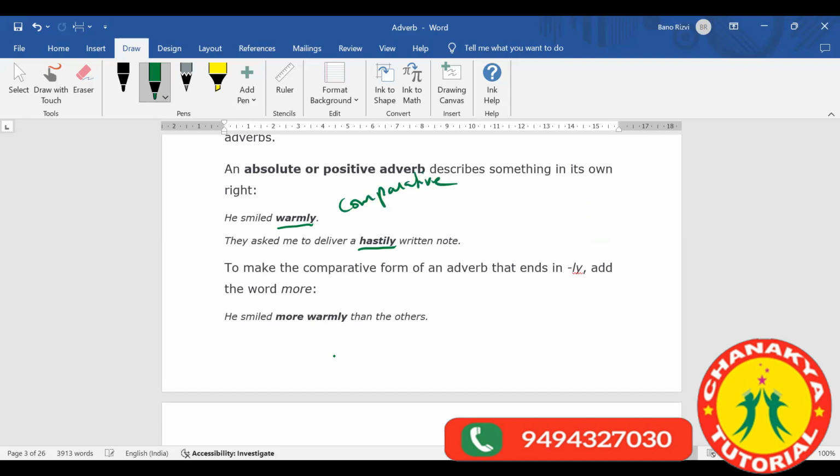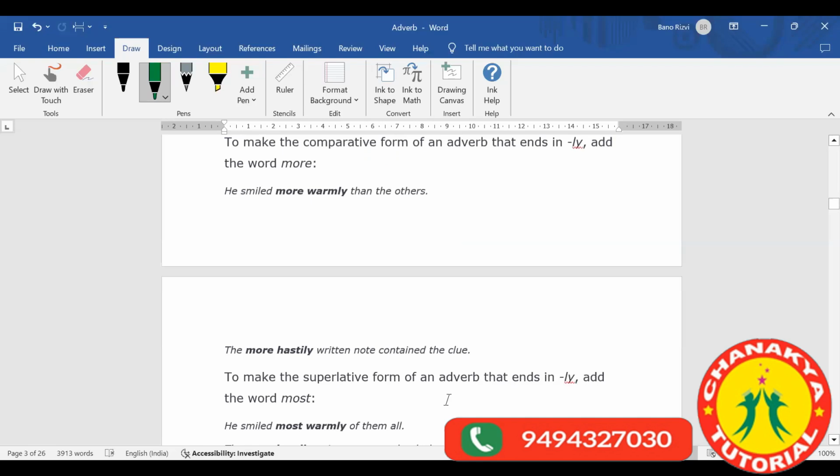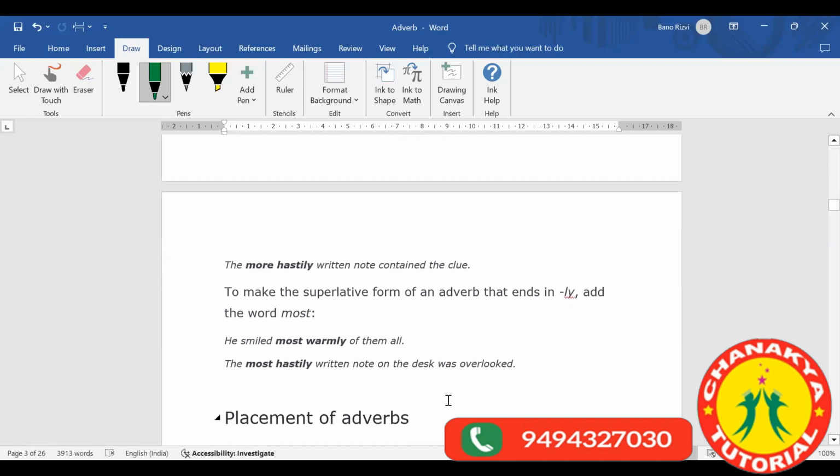To make the comparative form, we will say more warmly. He smiled more warmly, or more hastily. To make it superlative, for an adverb that ends in ly we will add most. So more warmly, and superlative will be most warmly.